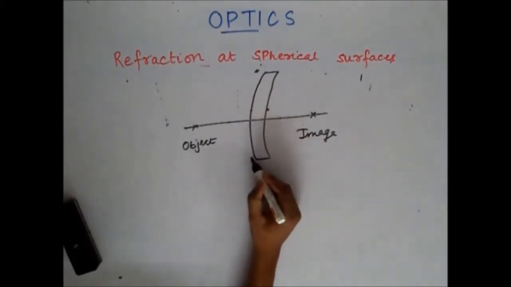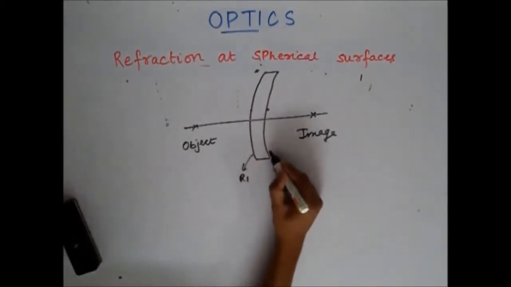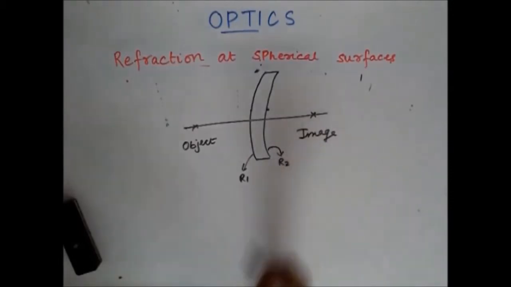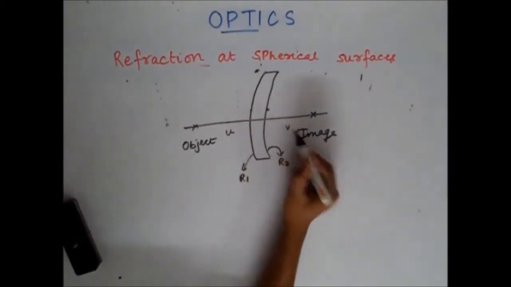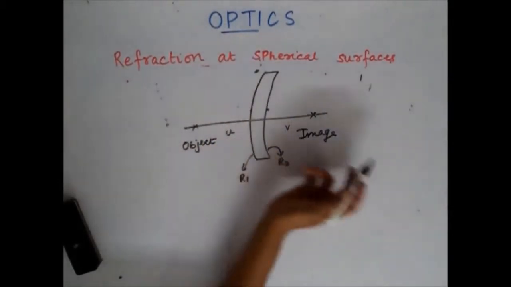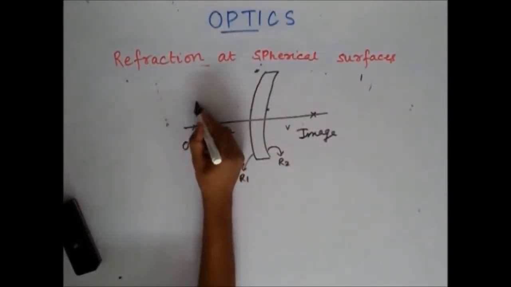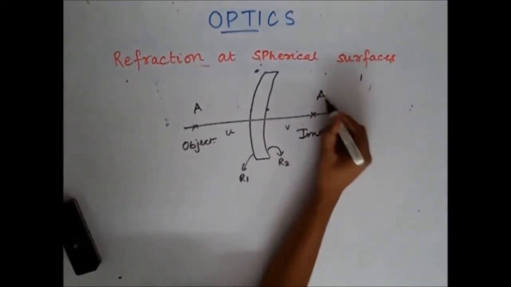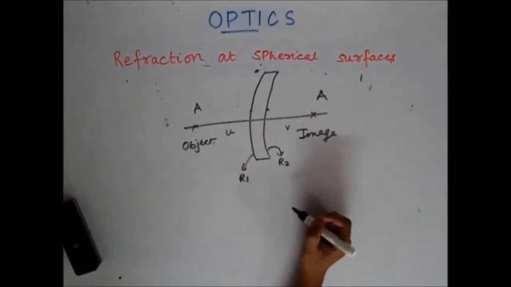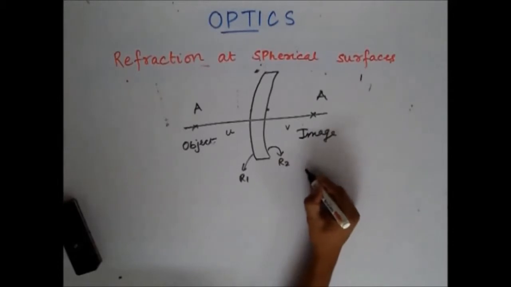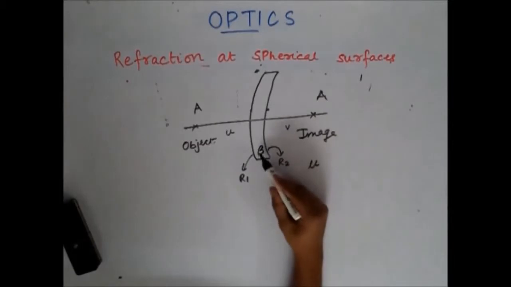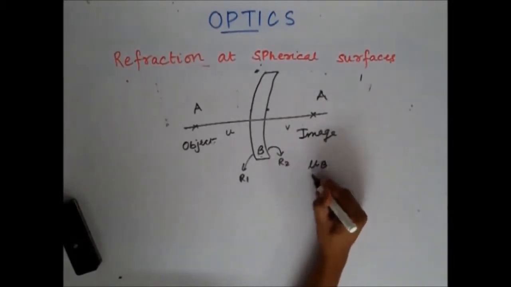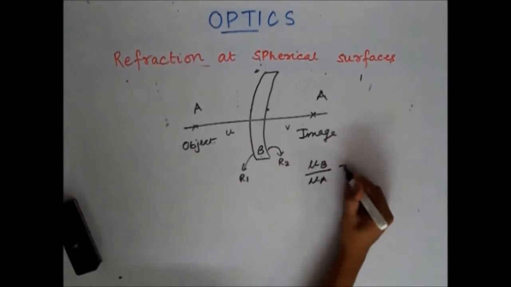Let's assume that this refracting surface has a radius of curvature R1 and this has a radius of curvature R2. Let's say this distance is u and this distance is v, and both sides of the lens have the same medium A. Let's say this lens is made of medium B, so mu B by mu A is given by mu.